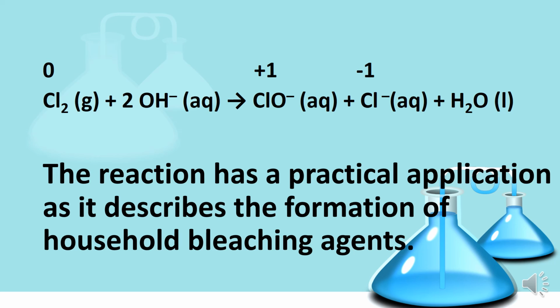So you can see that chlorine is undergoing both oxidation and reduction. Chlorine Cl2 is oxidized to ClO minus with increase in oxidation number, and chlorine Cl2 is reduced to Cl minus with a decrease in oxidation number. The reaction has a practical application as it describes the formation of household bleaching agents.